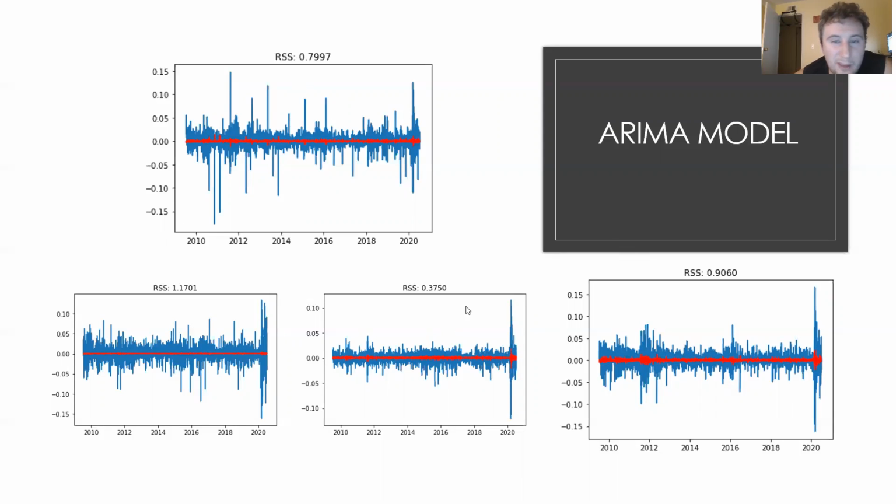That could be why I got a result of an RSS of 0.375 on one of the stocks here. That was actually Duke Energy, which had the best fit out of all of them. It could be due to overfitting, but it's surprisingly low. The RSS for these other ones are closer to 1, which are good fits.